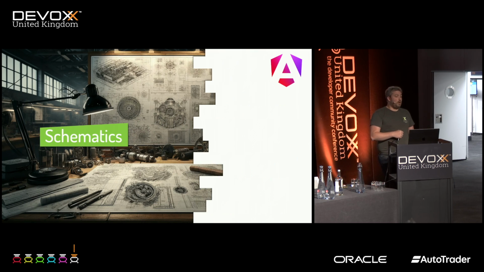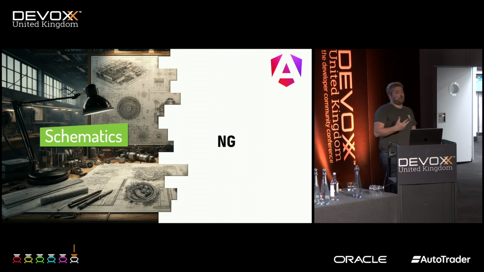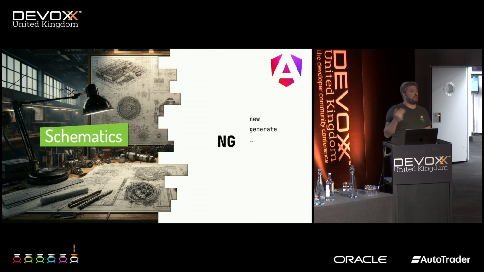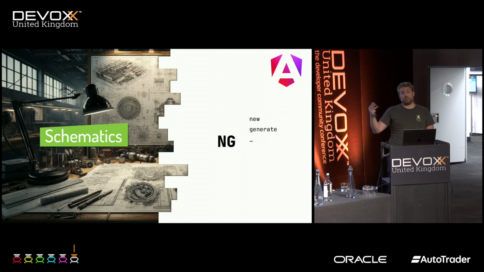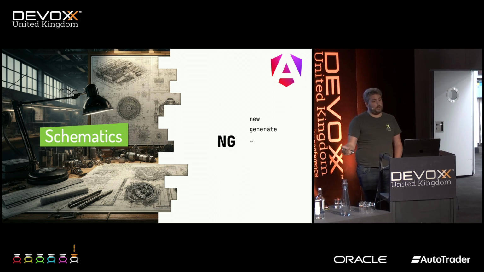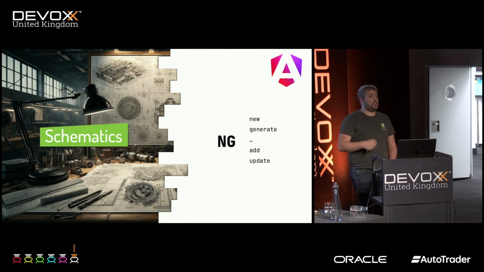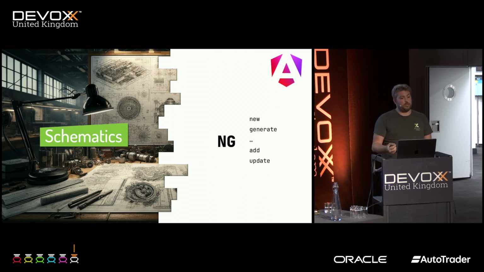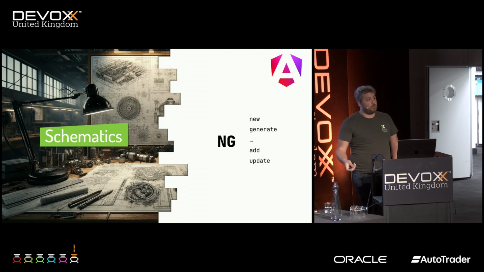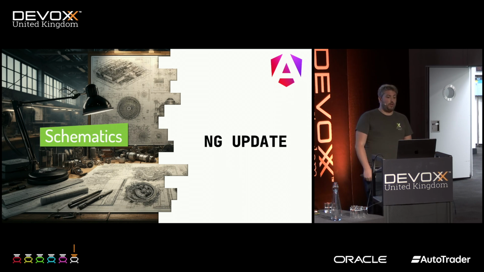You are probably used to Angular schematics if you do Angular, and more precisely to ng new, ng generate, to generate projects, services, components, and things like that. There are all the tools in there. There is an ng add and an ng update, the add to add new dependencies, and the update supposedly to update your project. So the focus here is ng update.